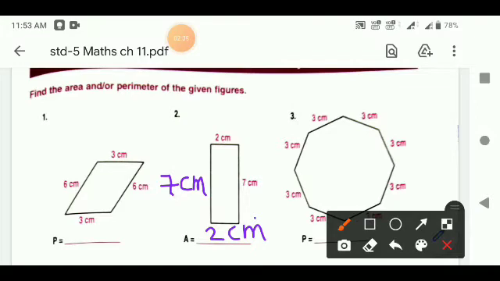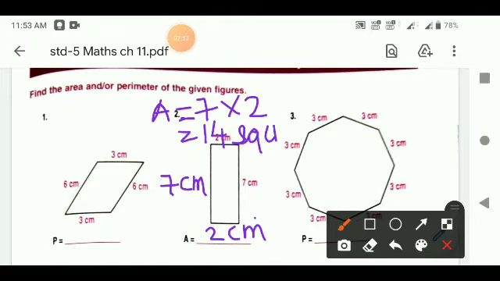So A is equal to length, which is given 7 cm, and width, which is given 2 cm. So 7 2s are 14 square centimeter is the area. So here we will write area is equal to 14 square centimeter.